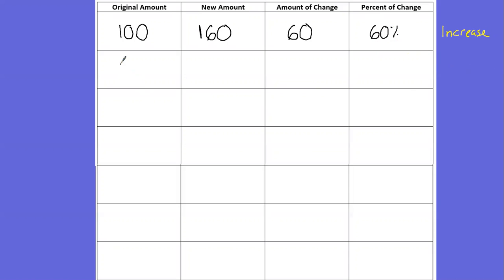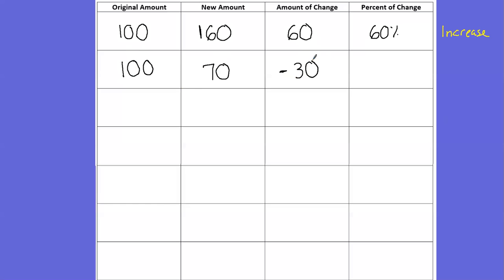Once again, let's start with 100. And let's say that this time, instead of gaining, I'm going to lose something. So let's say I started with my 100 baseball cards, and now I'm down to 70. So what is my amount of change? Well, this time, because I'm losing 30, I'm going to put negative right here.